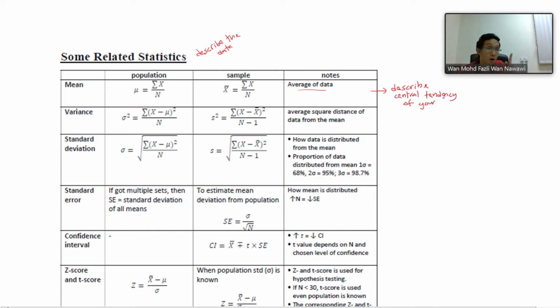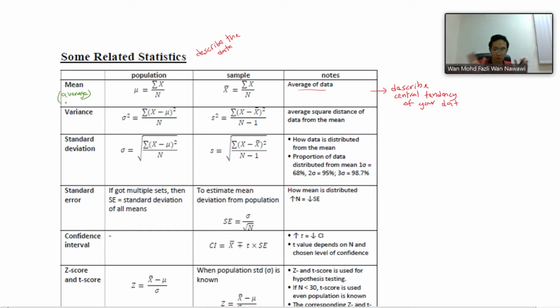Because remember, we want to relate to the normal distribution. We said that when you gather enough data, you will get this normal distribution. When you have a normal distribution, the middle is important. So whenever you gather data, you want to find the mean. Everybody knows how to find the mean. Another name is average.